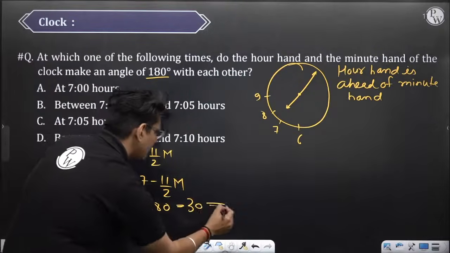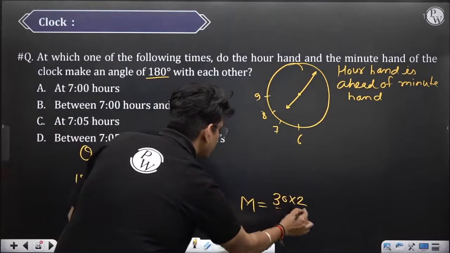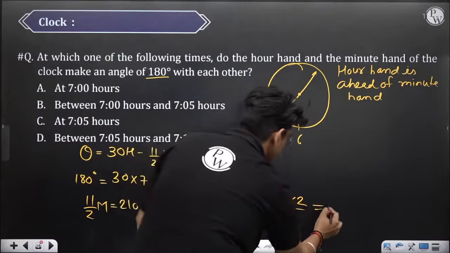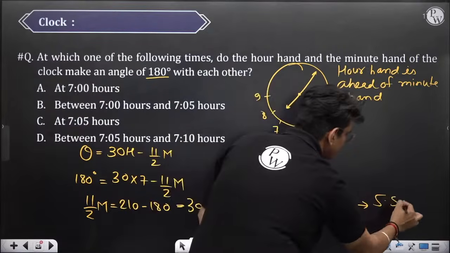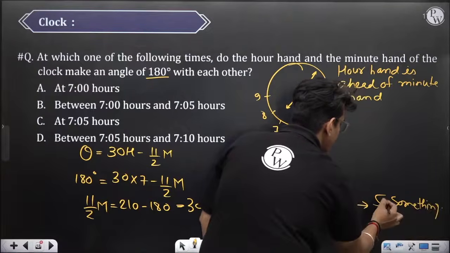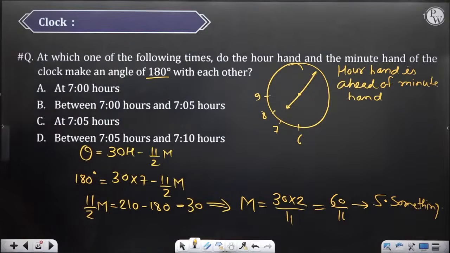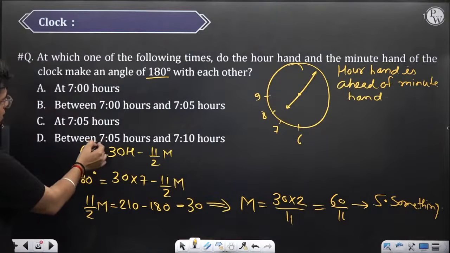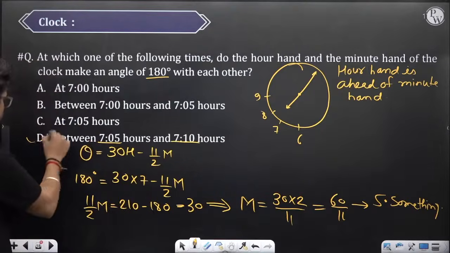So from here, m is nothing but 30 into 2 by 11. This is 60 by 11, and this is nothing but 5 point something. We don't have to calculate the exact value. So 5 point something. So the time will be between 7:05 and 7:10. Okay, this is our answer.